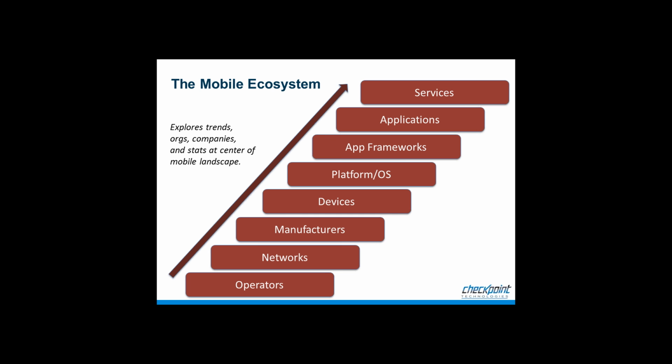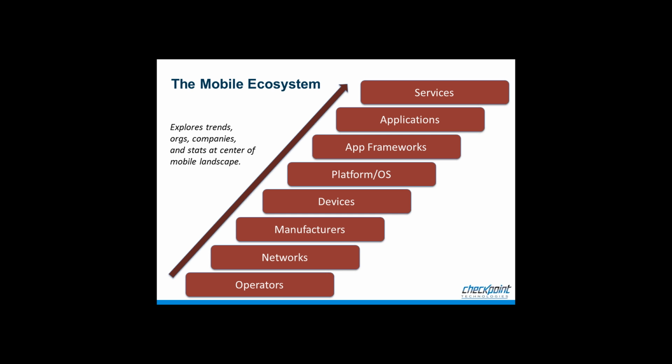The mobile ecosystem is made up of services, applications, application frameworks, platform and operating systems, devices, manufacturers, networks, and operators. The mobile ecosystem as a whole explores trends, companies, and statistics at the center of the mobile landscape.